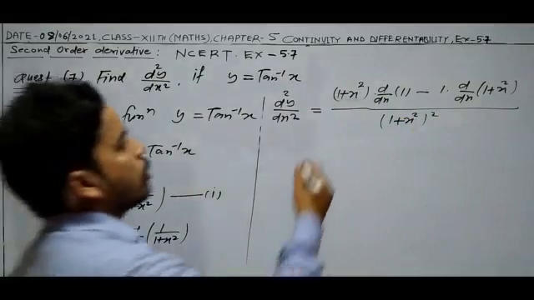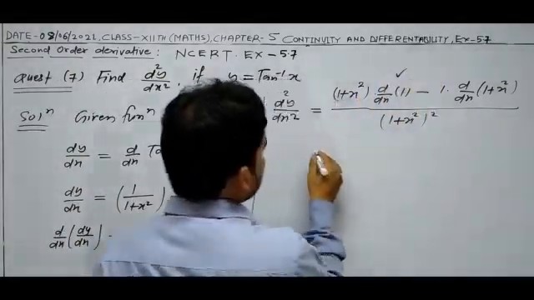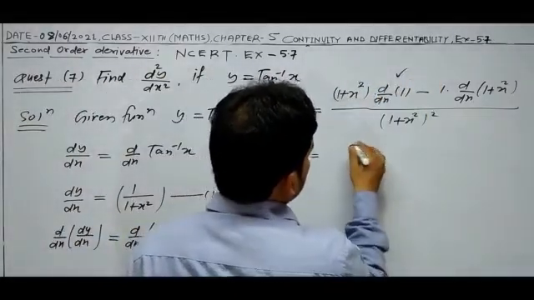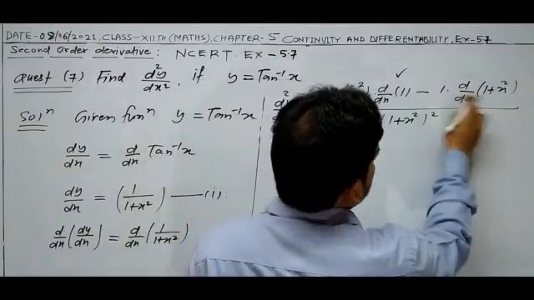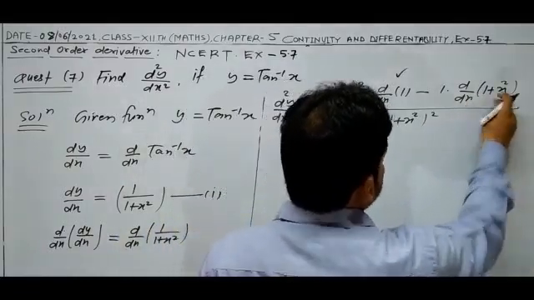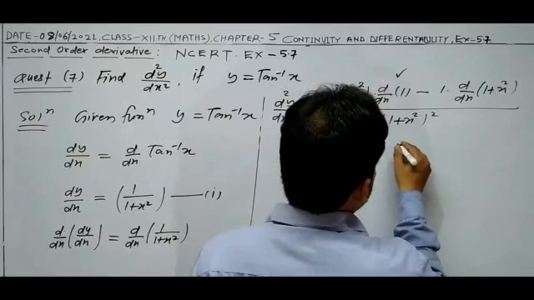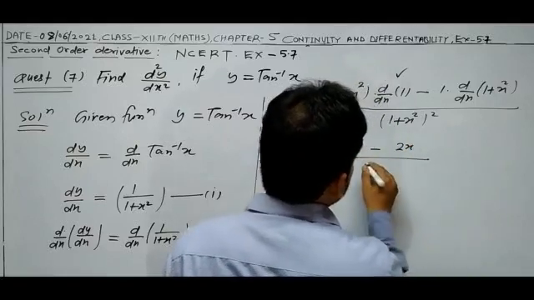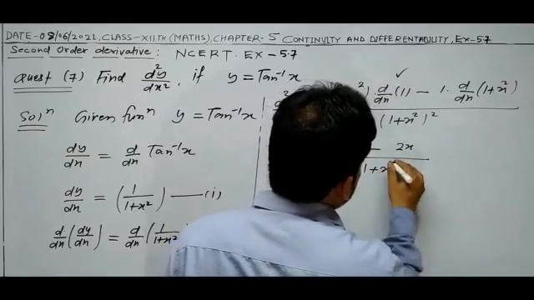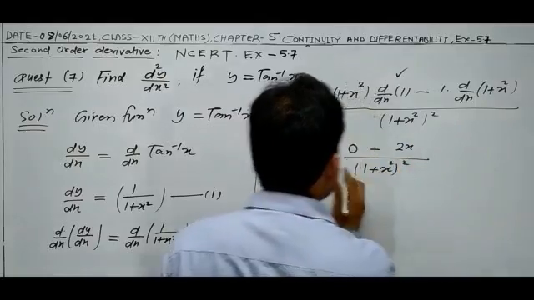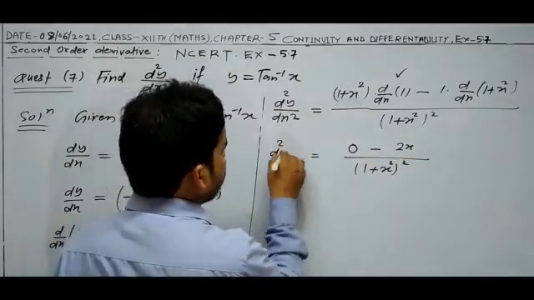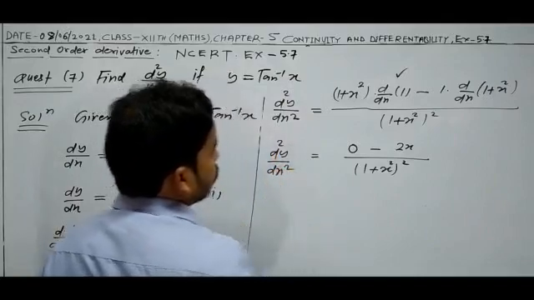You know the differentiation of a constant is 0, so the whole term will be 0 minus this result: 1 gives 0 and x square gives 2x. So the result will be minus 2x upon 1 plus x square whole square. This is the value of d2y by dx2.